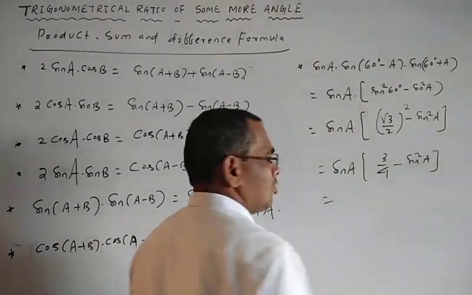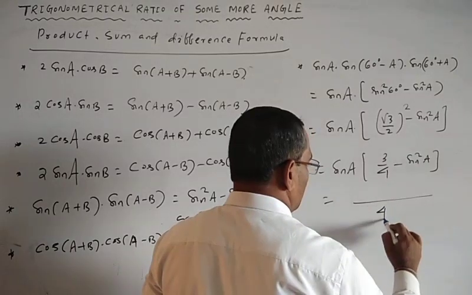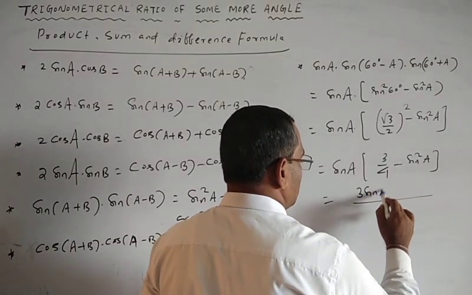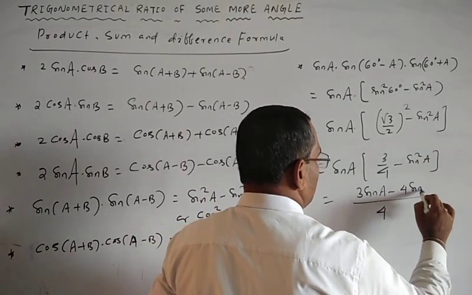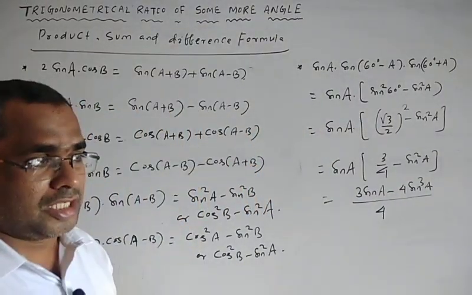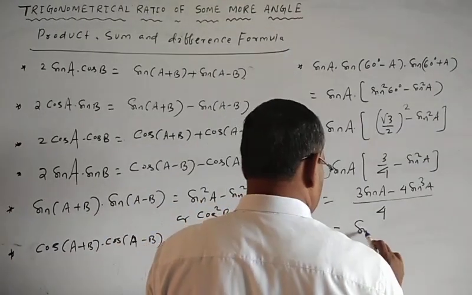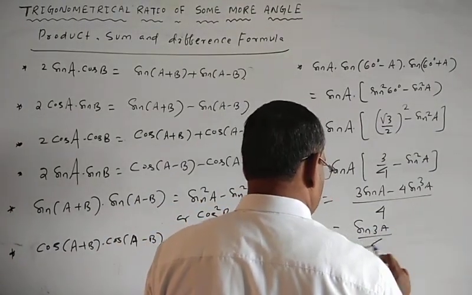So multiply this sin. Taking LCM 4, this is equal to 3 sin A minus 4 sin cube A by 4. So 3 sin A minus 4 sin cube A, you know this is sin 3A. So this is equal to sin 3A by 4.